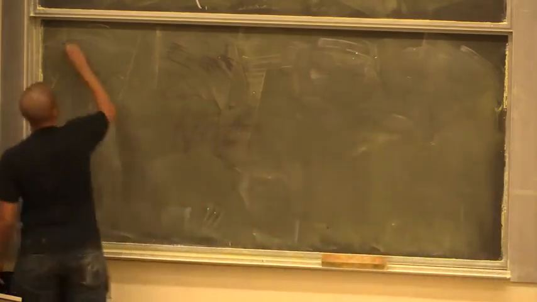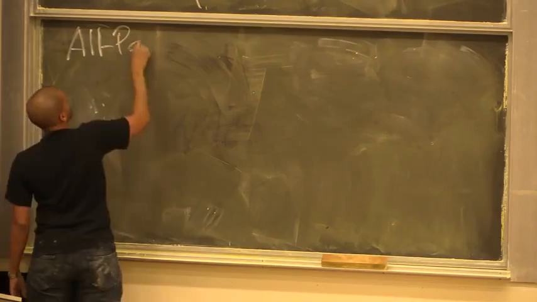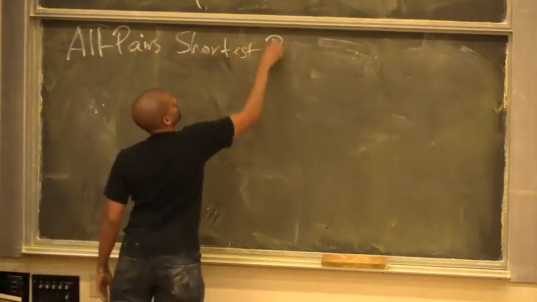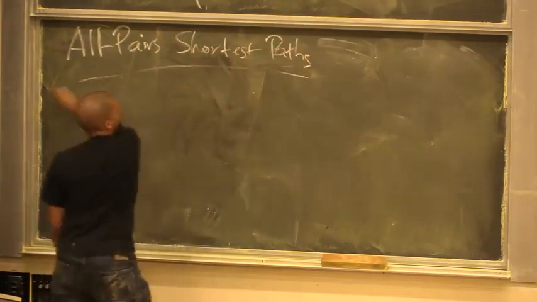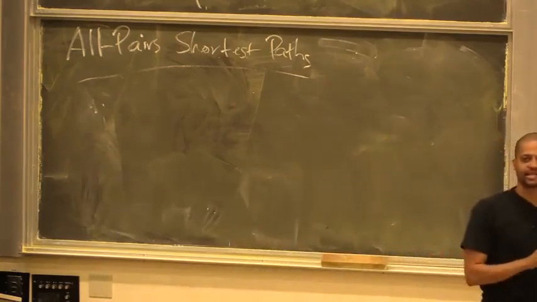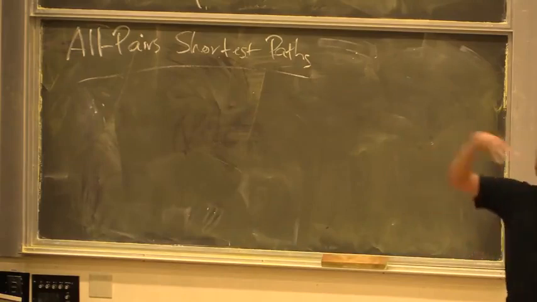Another way to do shortest path, let's say all pair shortest paths. So in Bellman-Ford, in shortest path in DAG and Dijkstra, there's always a source vertex S, and I want to know how to get from S to everywhere else as fast as possible. Suppose I want to know all pairs.